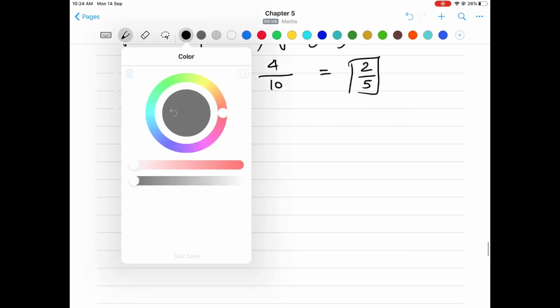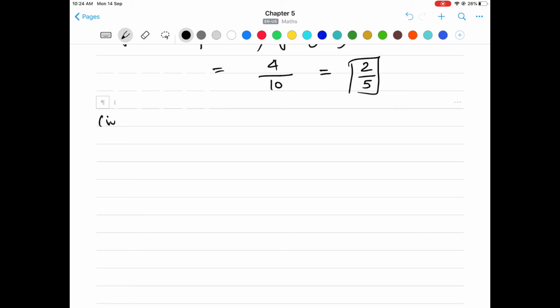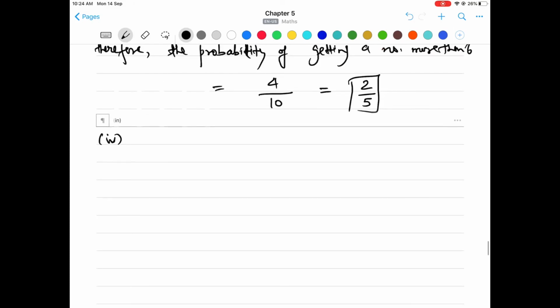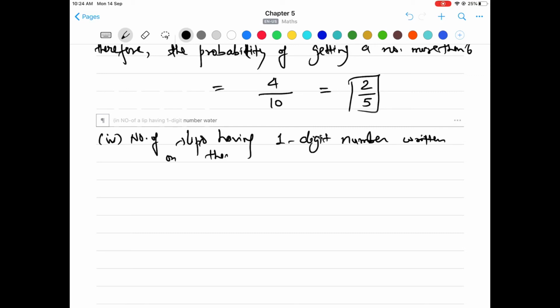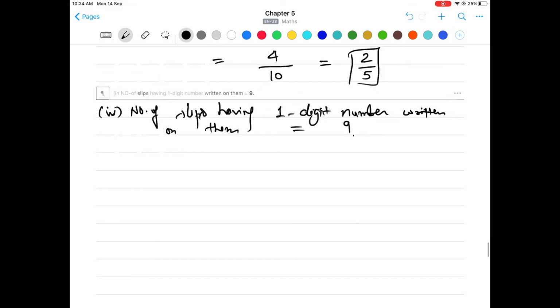So we'll write part 4, number of slips having a one digit number written on them. That number of slips is 9. Only 9, number 10 has 2 digits.